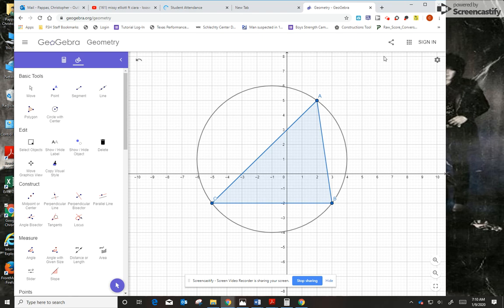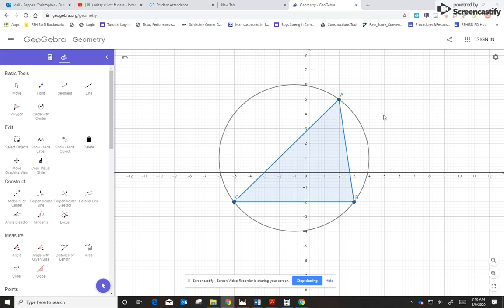And if you recall, if we have a triangle with a circle that goes through the 3 vertices of the triangle, the center of that circle is formed by the perpendicular bisectors of the sides of the triangle. Okay, so what we're going to do now is to find the center of this circle.